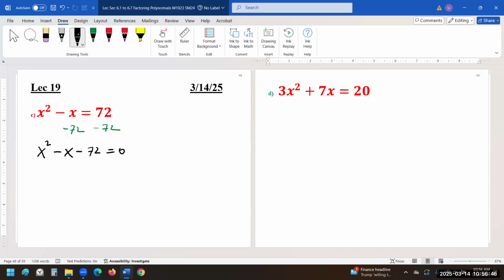Now you're happy because we have a 0 on one side. How many terms do you have on the left side? 3. So how do you work with 3 terms? What do you have to do with these 3 terms? Come on, guys, we did it just yesterday. What is our next step?